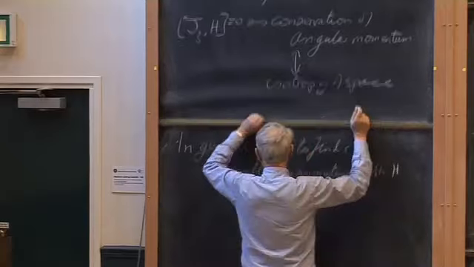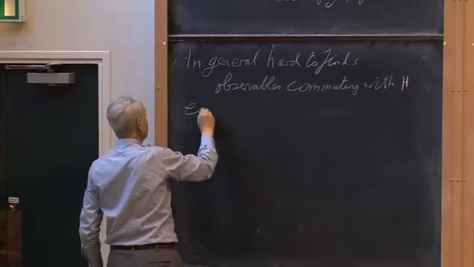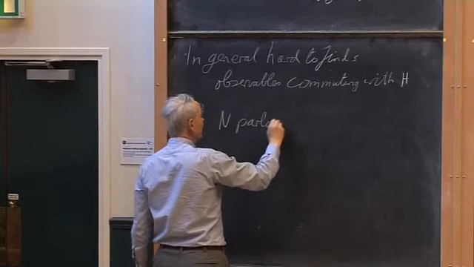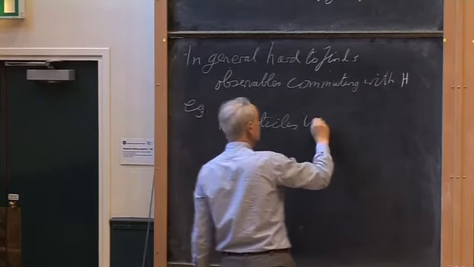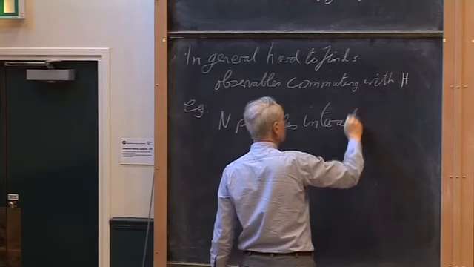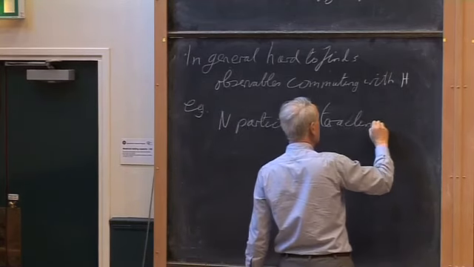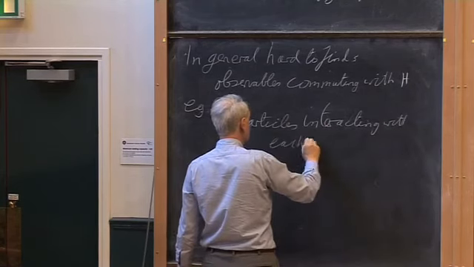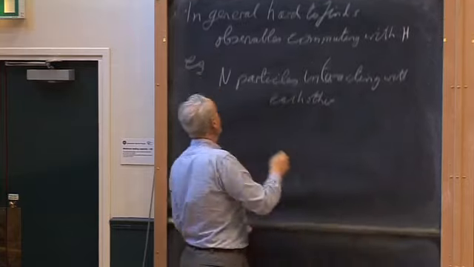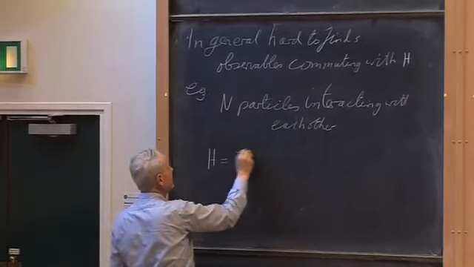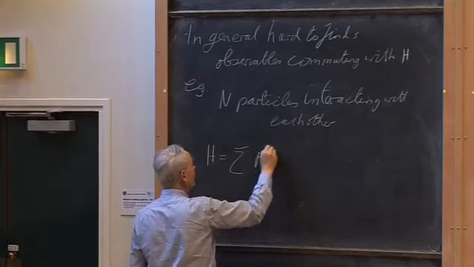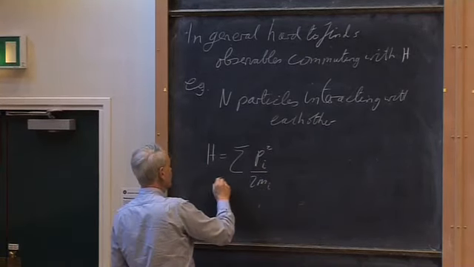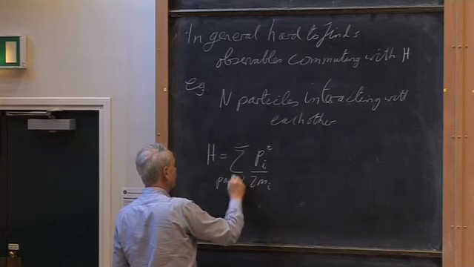But here's an example of when you can spot one. If you have n particles that interact with each other and nothing else, then the Hamiltonian of this system is the sum of p_i squared over 2m, summed over particles i.